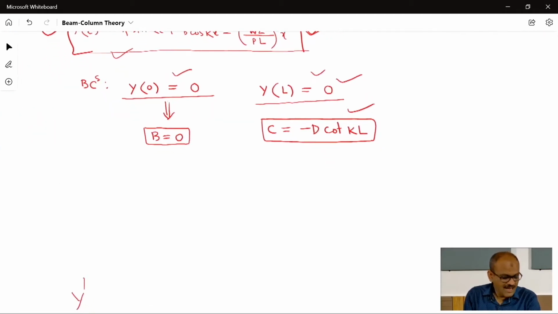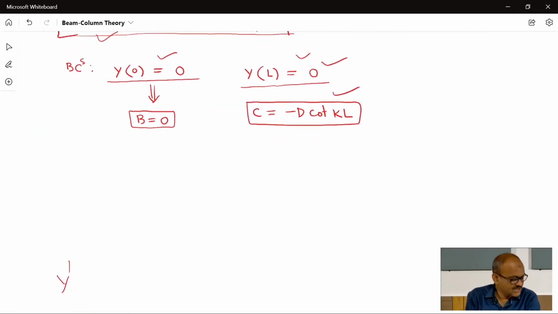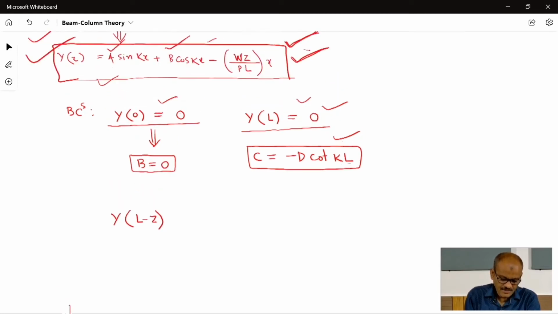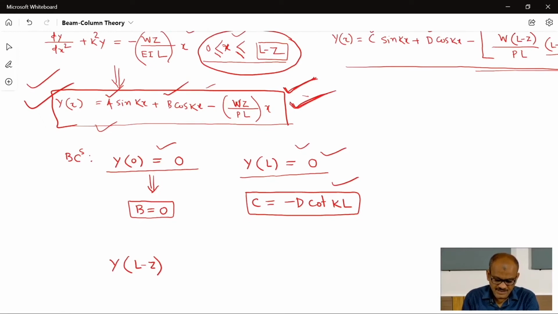And we can get another boundary condition: y of L minus z, if we find it through this equation, because the x value also satisfies when x is equal to L minus z.